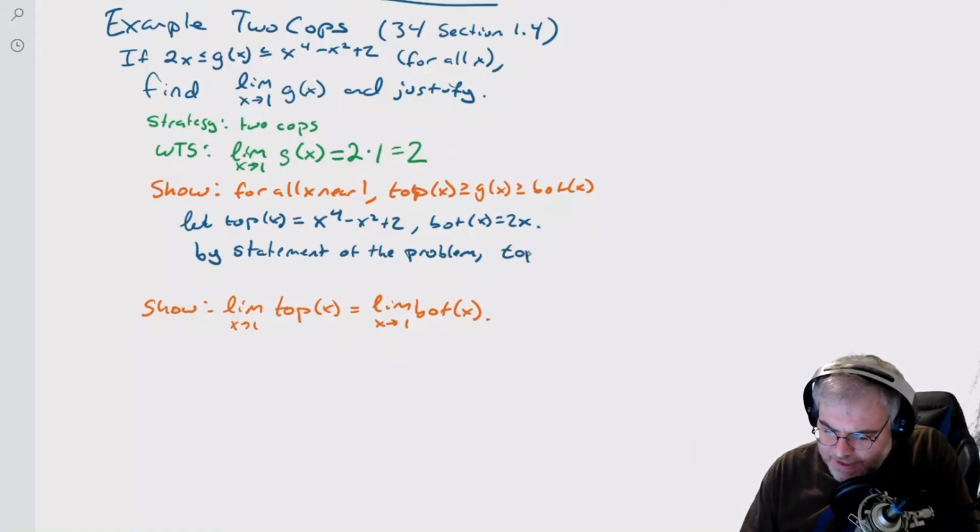Top of x is greater than or equal to g of x greater than or equal to bot of x everywhere and near a, and near 1 is somewhere.